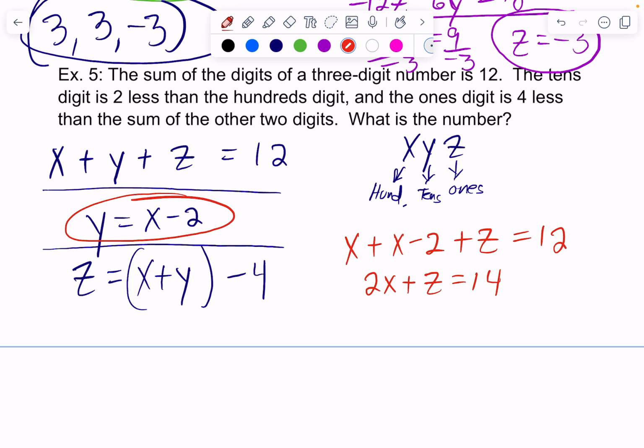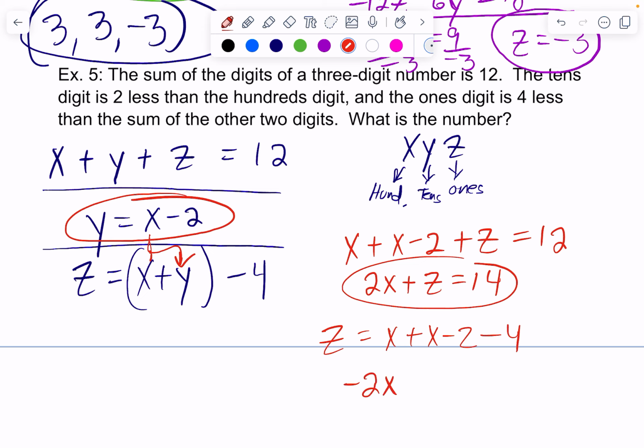And I'm also going to plug that y into this y over here, giving me z equals x plus x minus 2 minus 4. So that's going to be 2x, which I'm going to bring over to the other side, negative 2x plus z equals negative 6.